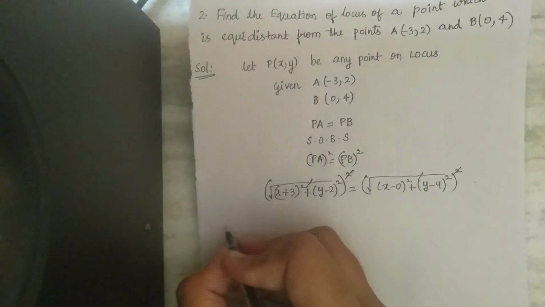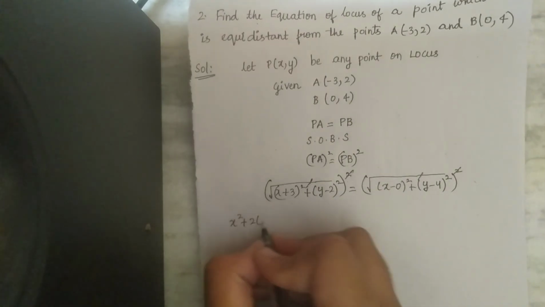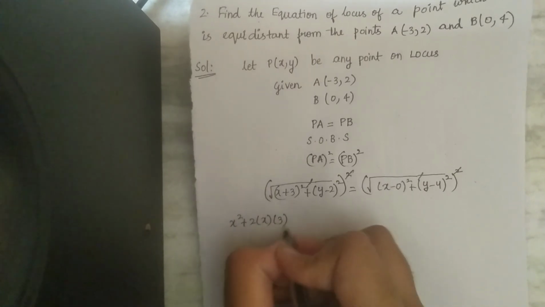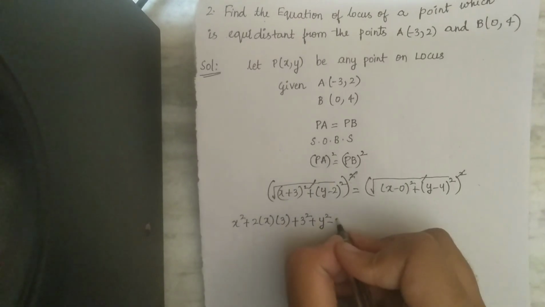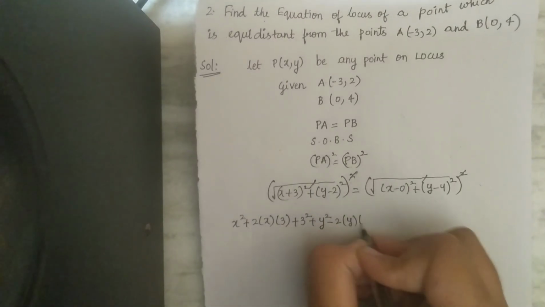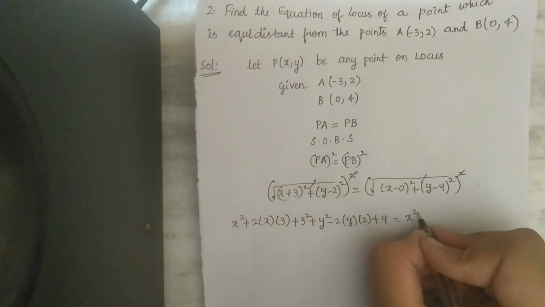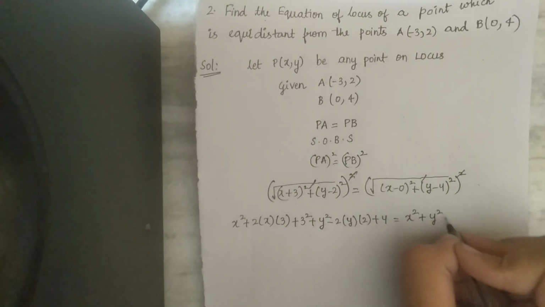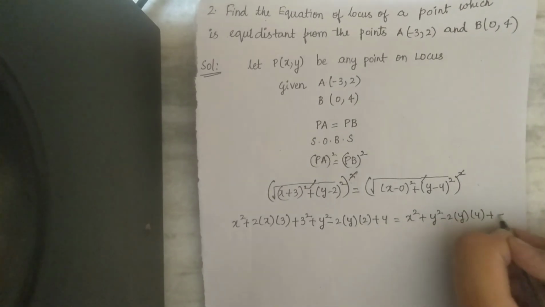So expanding the terms on both the sides, you will get x square plus 2 into x into 3 plus 3 square plus y square minus 2 into y into 2 plus 2 square, 4, is equal to x square plus y square minus 2 into y into 4 plus 4 square.